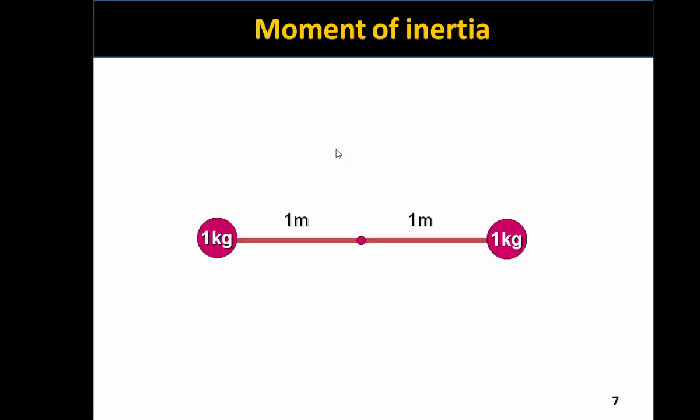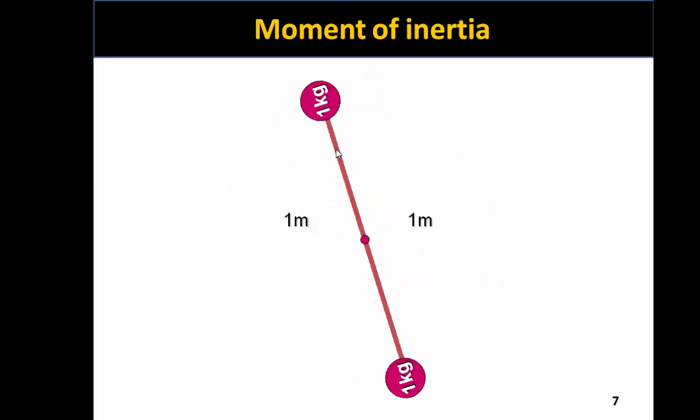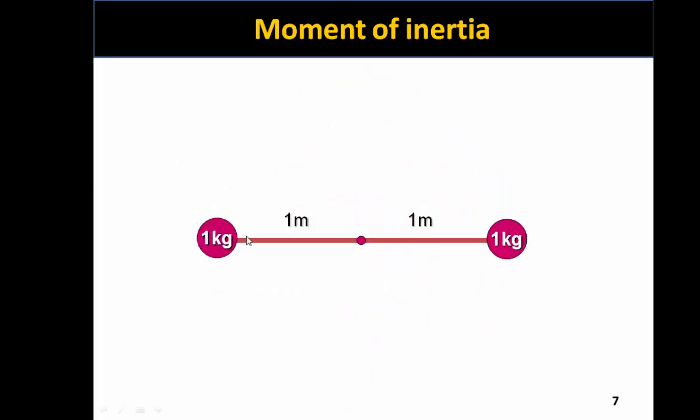Okay, so let's examine the factors that play an important role in an object's resistance to rotation. Here we see a system centered in the middle. We have a mass on one end and a mass on the other end, each located 1 meter from the axis of rotation.